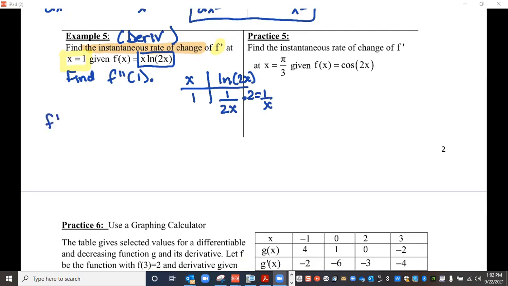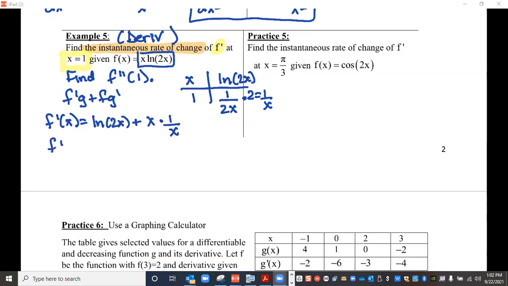So then to find my f prime of x, I'm going to plug into my product rule, which is f prime g plus f g prime. So f prime is 1 times g, which is the natural log of 2x, plus f, which is x, times my g prime, which is just 1 over x.